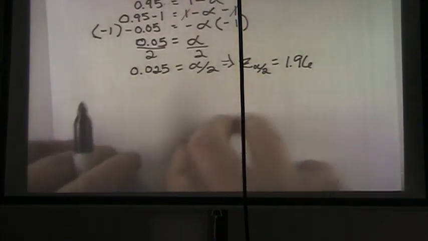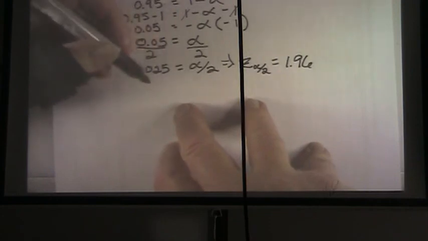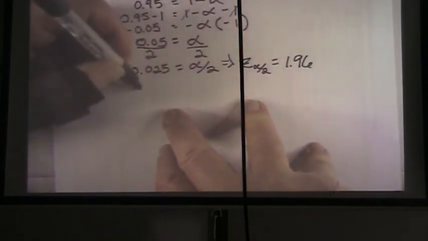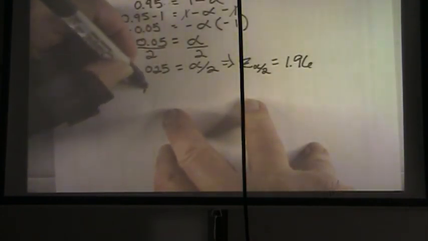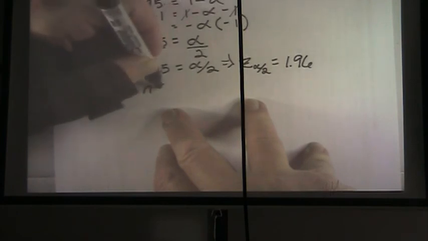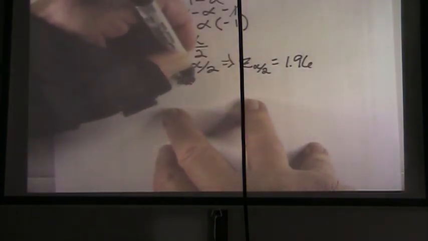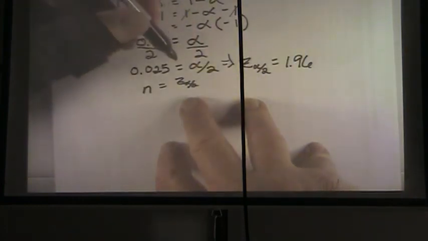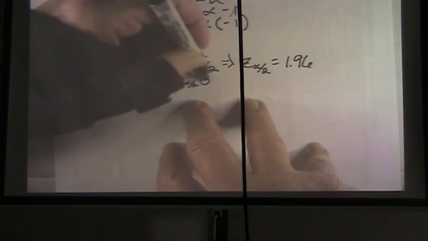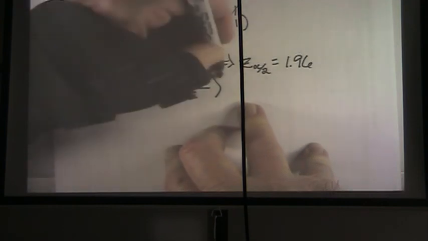Now, I am going to put down my formula: N equals the quantity Z alpha divided by 2 times standard deviation divided by error, that quantity squared.